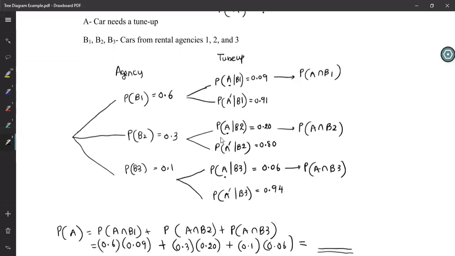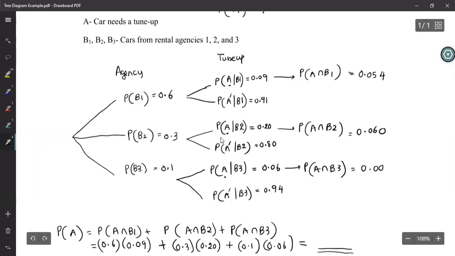Can someone give me the answers for these three probabilities and then the final one also? Point 1, 2.